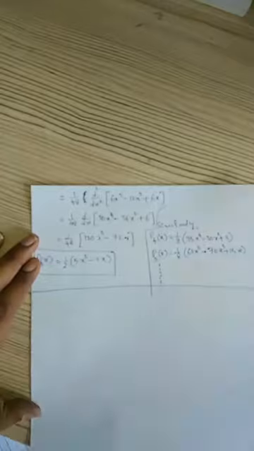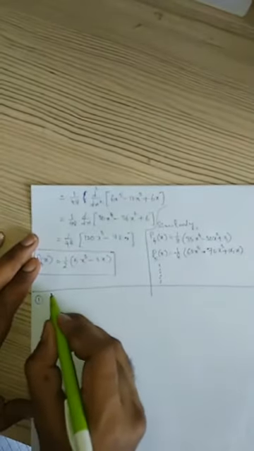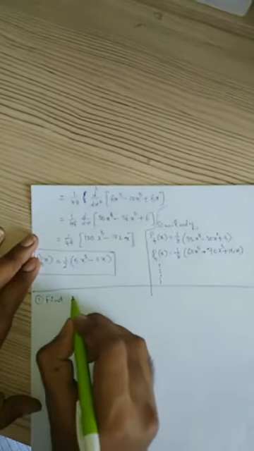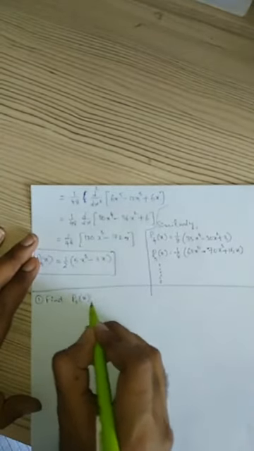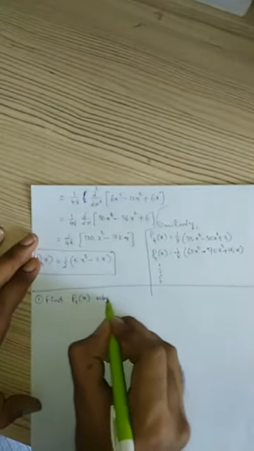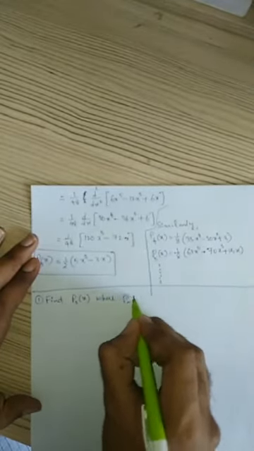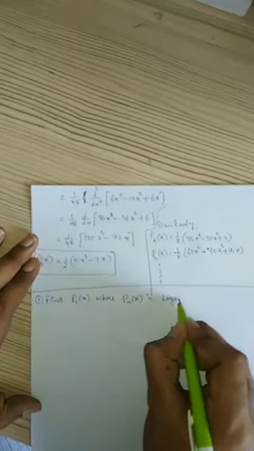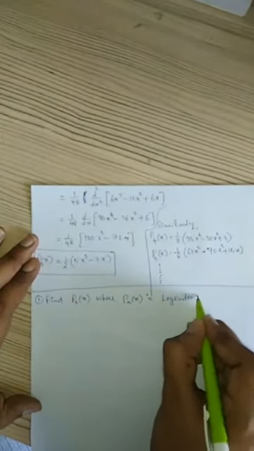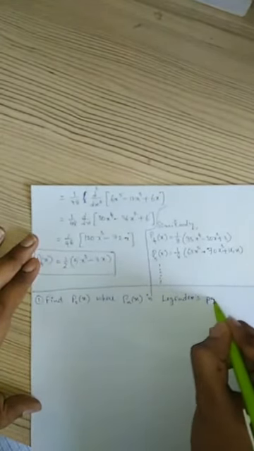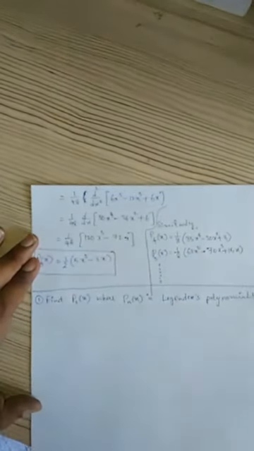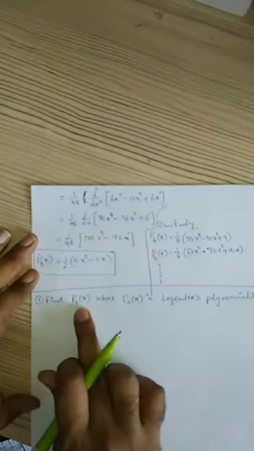Right, first problem, find P3 of x where Pn of x is Legendre's polynomial. So this kind of question may be asked for 2 marks. Just now we have derived this. We have to find P3 of x when Pn of x is Legendre's polynomial.